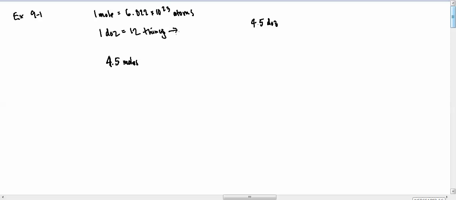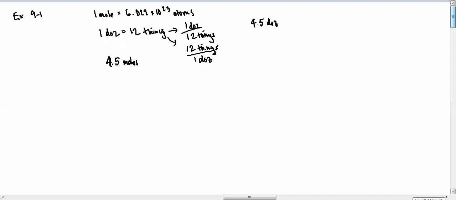Now this equals sign can make two fractions. It can have either the dozen on top, so you have 1 dozen over 12 things, or the dozen on the bottom, so you have 12 things over 1 dozen.